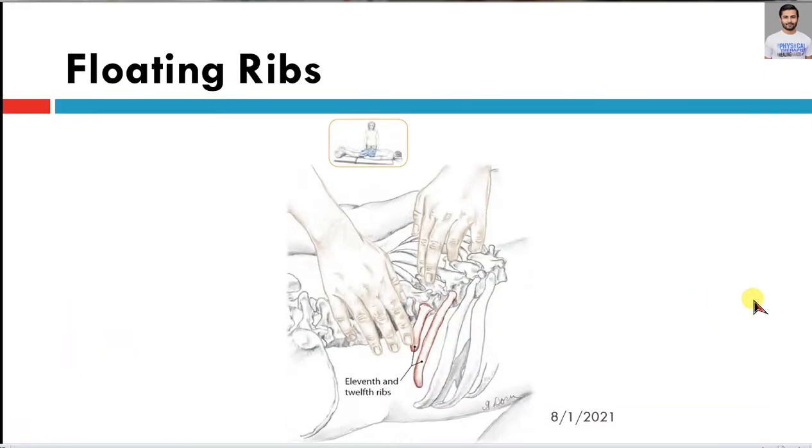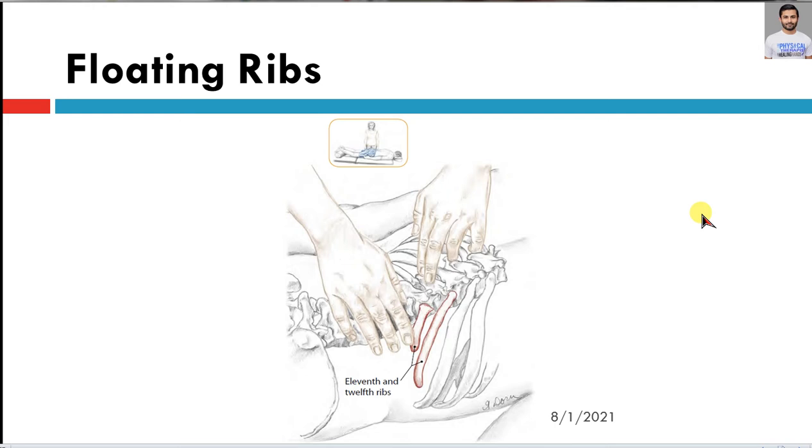The floating ribs are easily palpable on the posterior side. The partner is in prone position. A bolster is placed just anterior to the ankle joints, just to make the pelvis and the muscles relax. Because the pelvis has a lot of influence on the lumbar spine, there's a rhythm called the lumbopelvic rhythm.